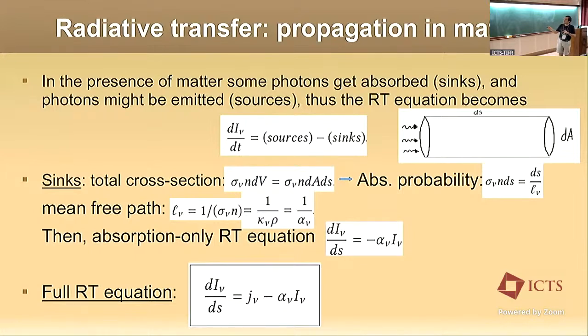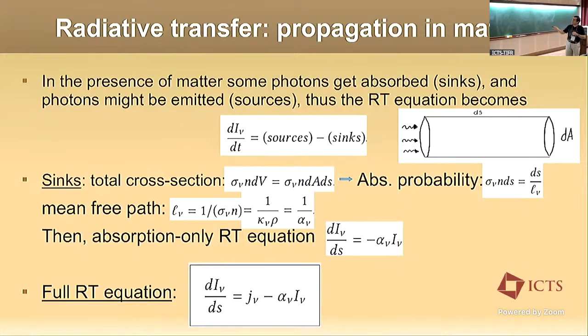And absorption probability then is just the cross-section times the number density times the distance, because you need to divide the total cross-section by the total area. So if this is my total cross-section, and I take the cross-section of each one of you and add them all together, that's the chance for me to hit something if I run through the room, right? So that's what the absorption probability is. So you need to divide by the total area, and then you get the chance of hitting something.